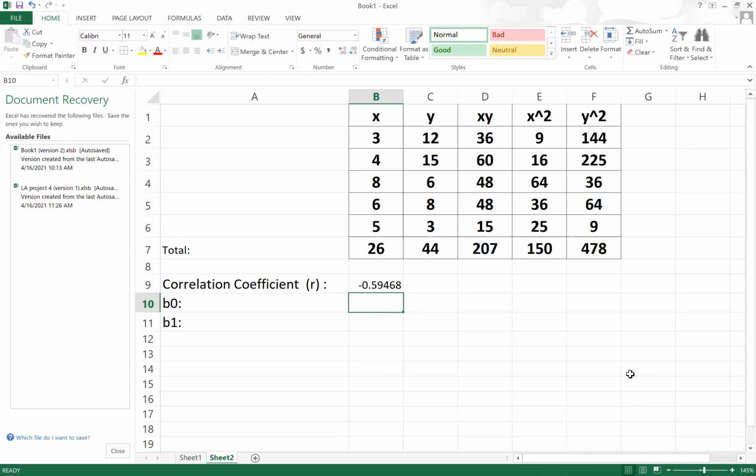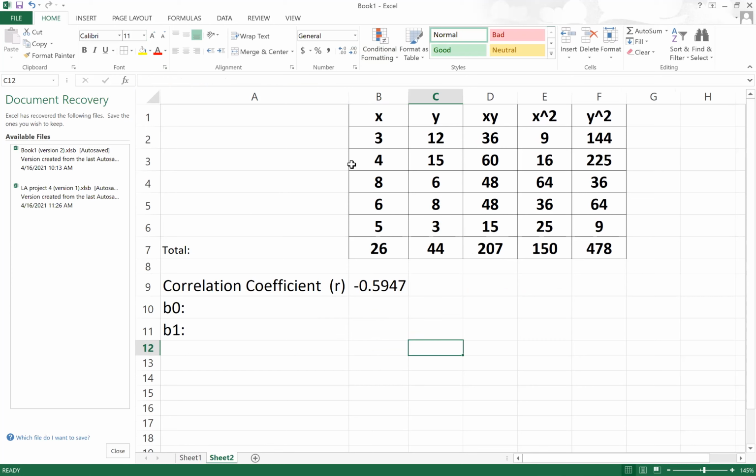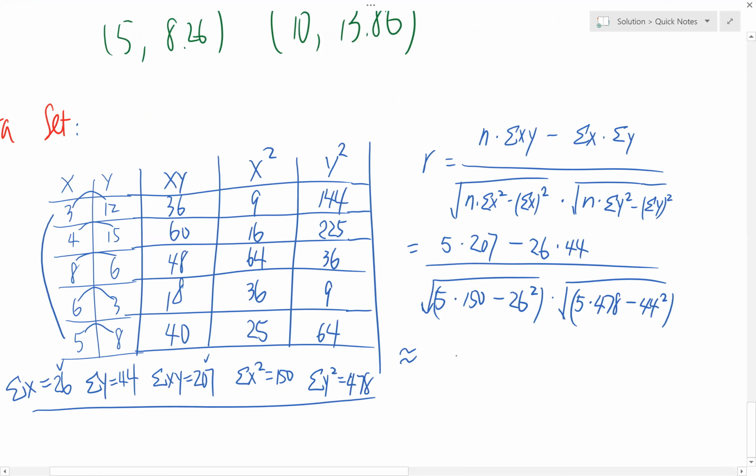Once you enter, you get that. Now if you look at it, it's negative, right? If you round to 4 decimal places and make the font slightly bigger, it's negative 0.5947.